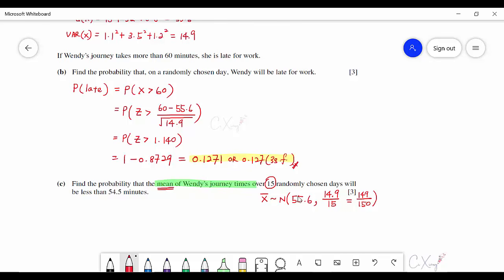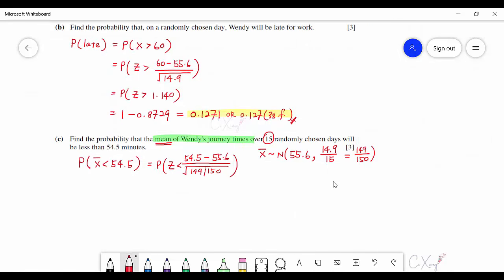All right. Now, if you look at the question again, they are asking for the probability that the mean, so the mean means sample mean, is less than 54.5. Again, the sample mean here is normally distributed. Therefore, to calculate the probability, you need to standardize it. So minus the mean again, then divided by the standard deviation for the sample mean, so it will be square root of 149 over 150.